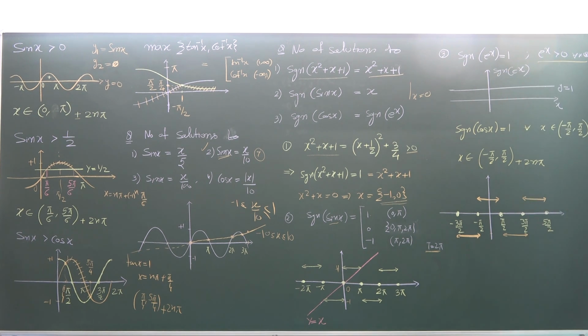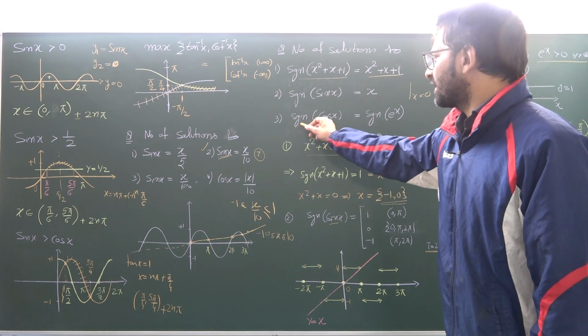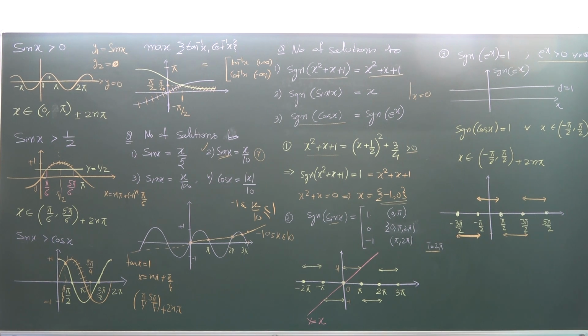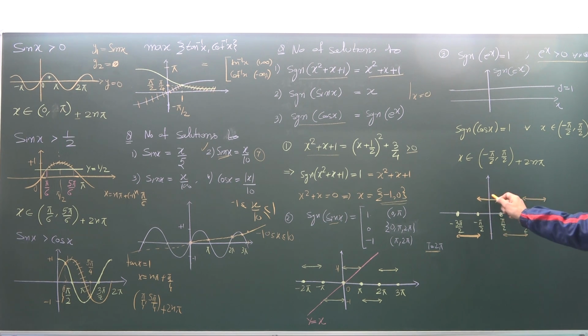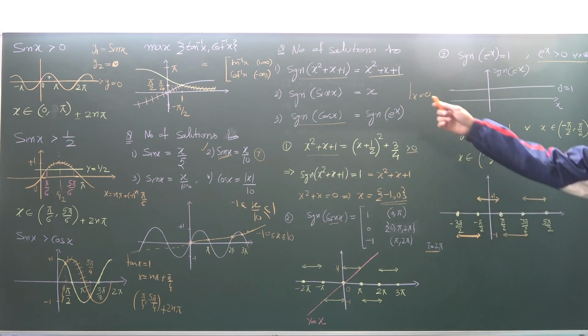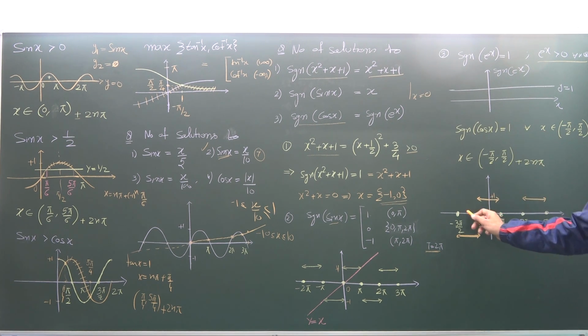This is signum of e raised to power x, which means the only possible solution will lie in a region where signum of cos x gives us 1, which means minus pi by 2 to pi by 2, fourth quadrant and first quadrant, where cos x is positive, so this value is plus 1. At these particular points cos x is 0, which means signum of cos x is 0, these dots, and then pi by 2 to 3 pi by 2, this value is negative, no point considering it.